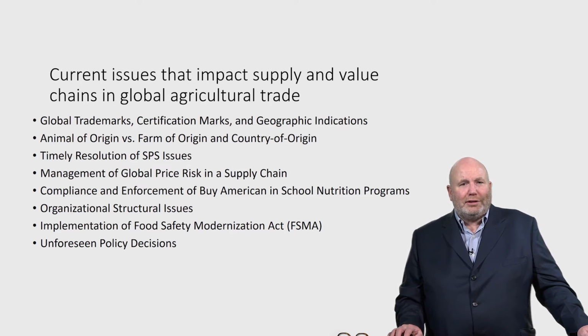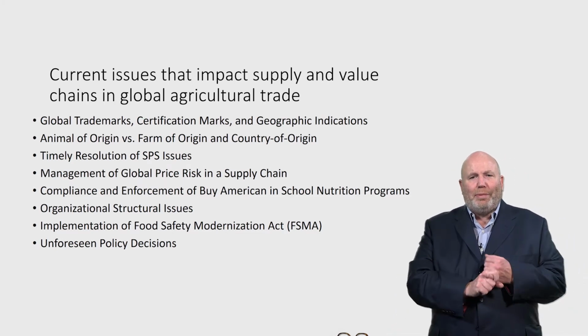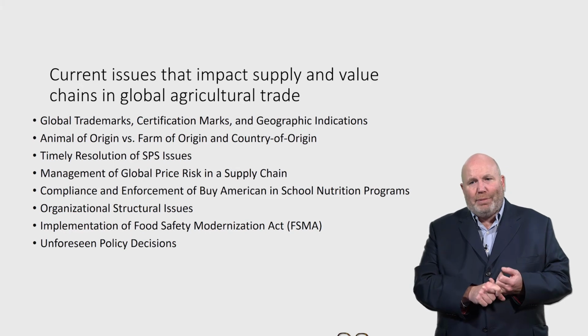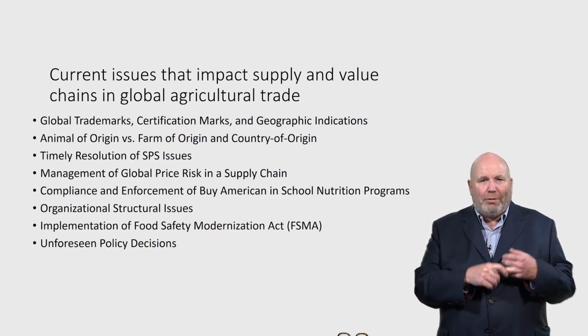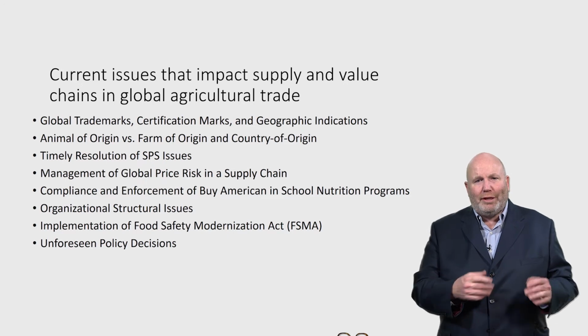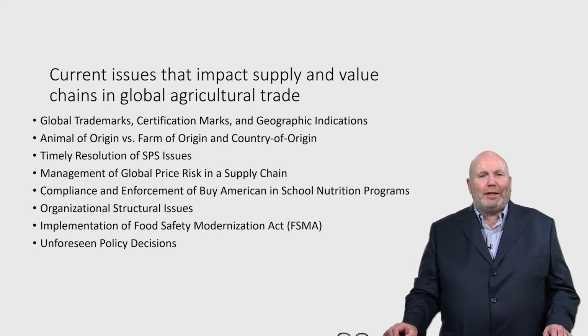Another current thing in 2018 is compliance enforcement of the Buy American and the school nutrition programs. The school nutrition programs state that wherever possible, where it's cost effective, you should be buying things like canned peaches and canned pears and frozen fruits and vegetables that were made in the United States as opposed to importing them from China. One of the things we've observed is that companies from overseas are buying U.S. brands.